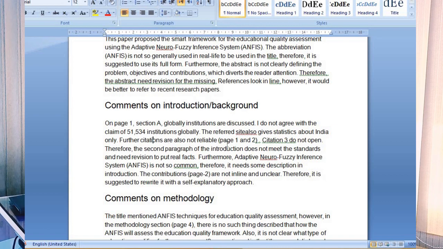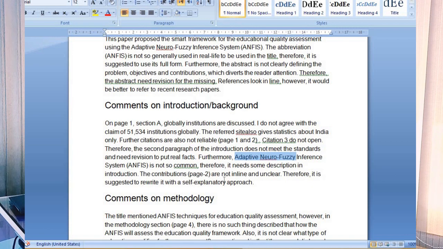And similarly, further citations are also not reliable, pages 1 and 2. Therefore, the second paragraph of the introduction doesn't meet the standards and needs revision to portray facts. So if you think that these things need revision, then you should suggest the author review all these things. Furthermore, the adaptive neuro fuzzy inference system is not so common.